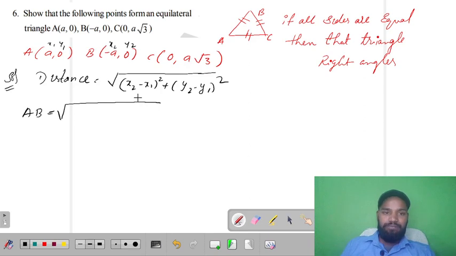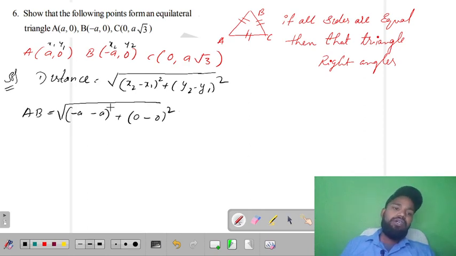Now x2 minus x1. What is x2 here? Minus A, minus x1, which is A. Next, plus y2 minus y1: y2 is 0, and y1 is 0. So that is minus A minus A, minus 2A whole square plus 0, that equals 4A square.